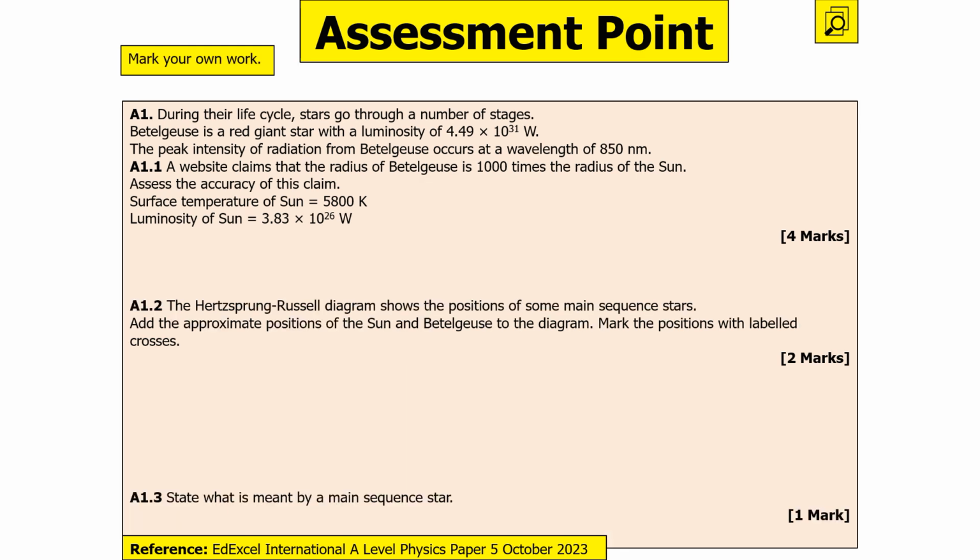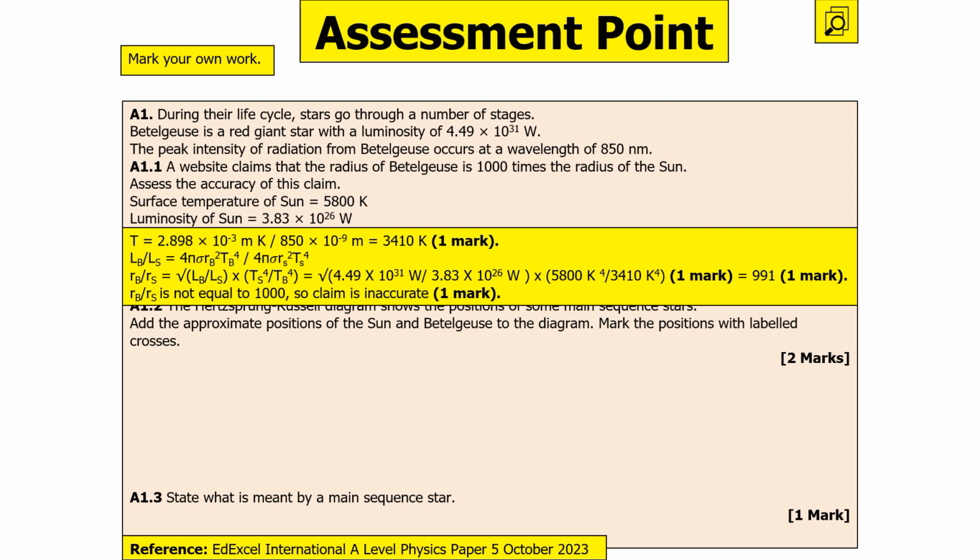Right, for this first one, what we're going to do is work out the temperature of Betelgeuse, and we can do that because we've got the peak wavelength. So we can use the Wien displacement law to work out the temperature of Betelgeuse. Then what we can do is work out the luminosity of both Betelgeuse and of the Sun.